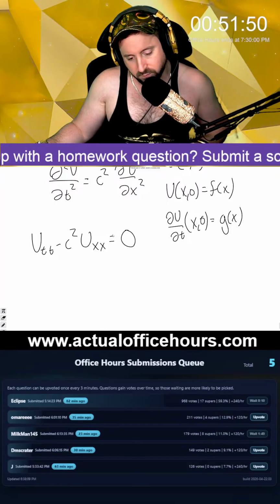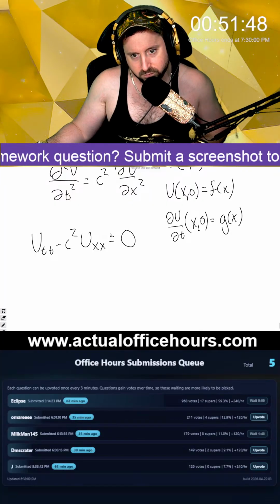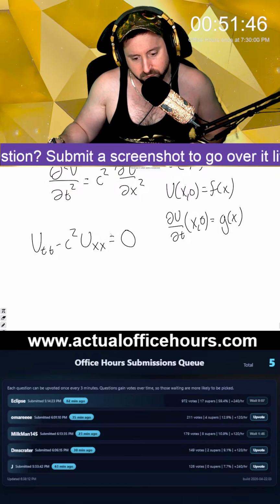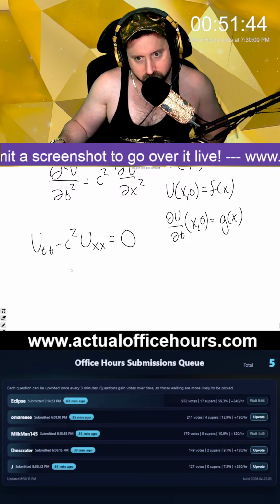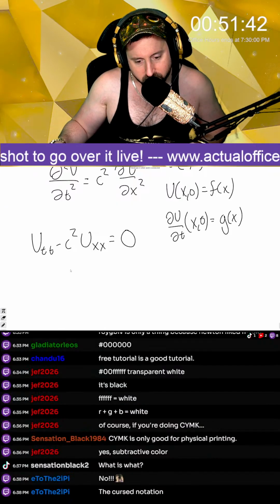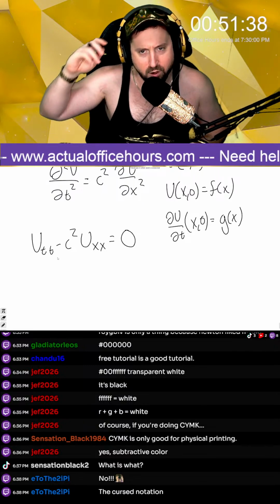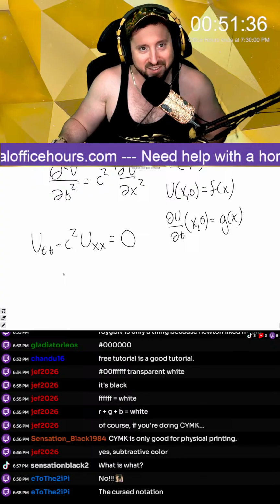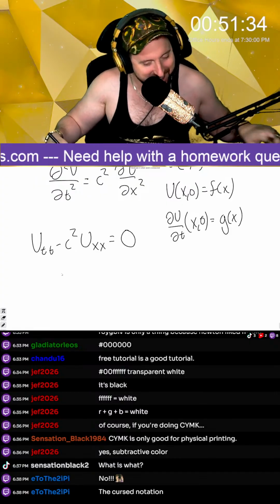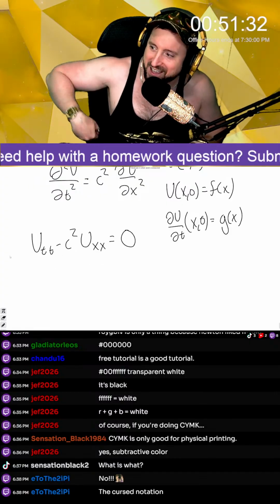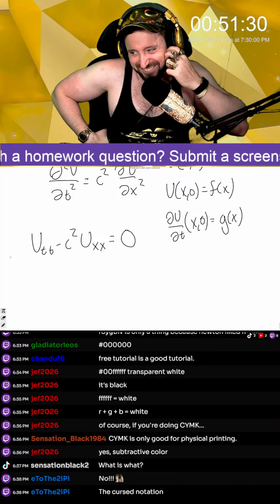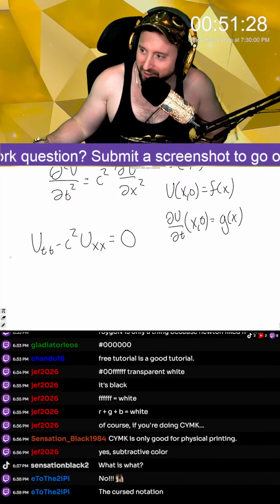So you're going to get d_tt minus c squared d_xx. Factor out the operator, I see, because it's all acting on u. Zach says he curses the notation. You don't like this notation, Zach?